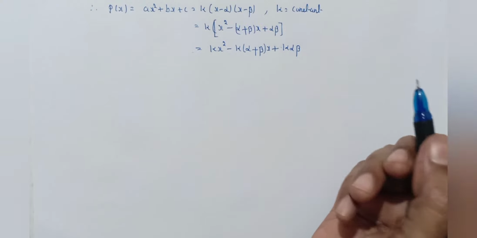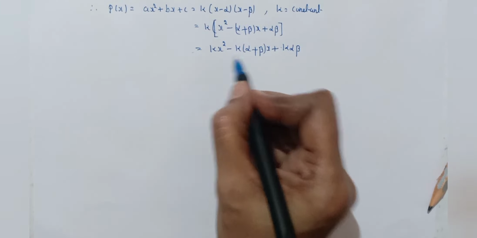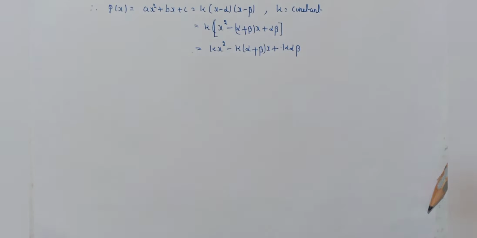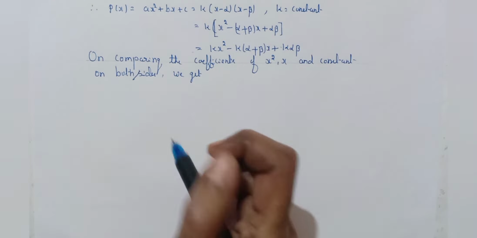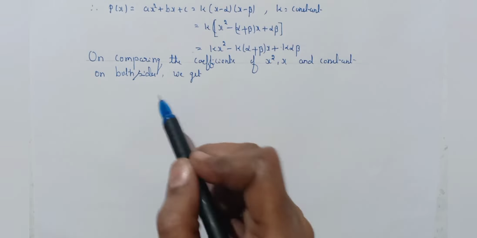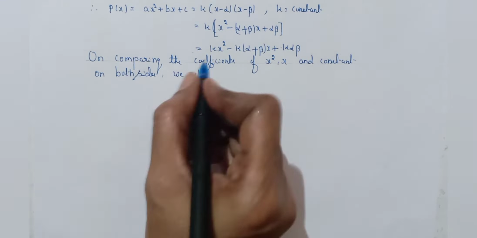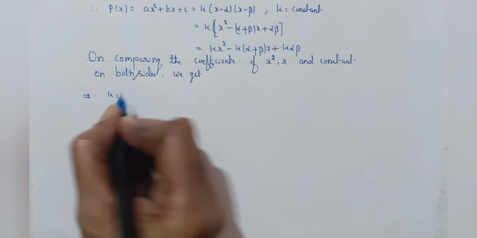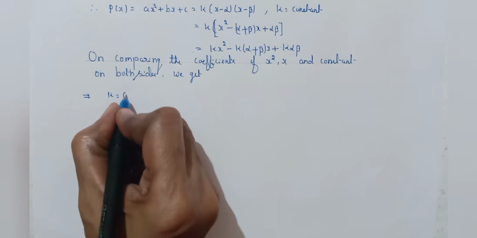Now, compare the coefficients of x square, x and the constant on both the sides. Now, on comparing the coefficients of x square, x and constant on both the sides, we get k is equal to a.